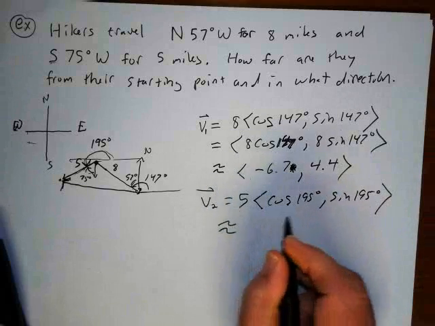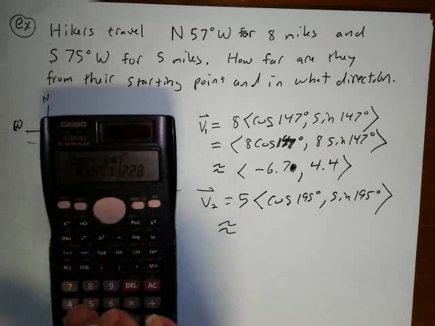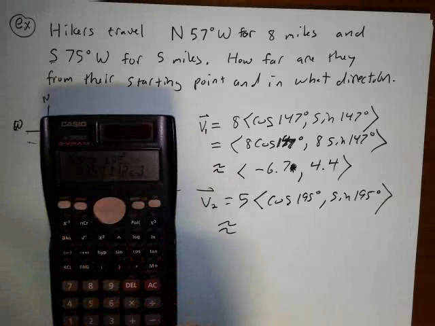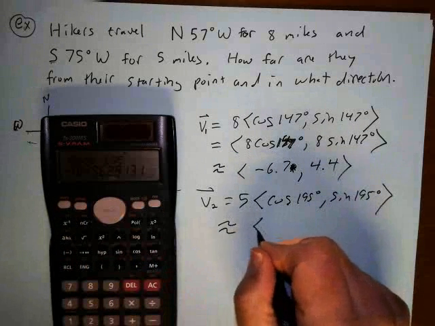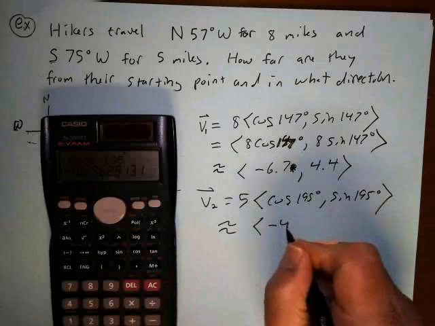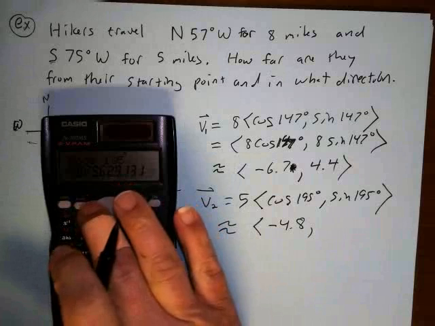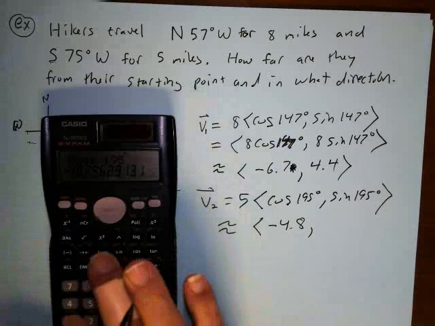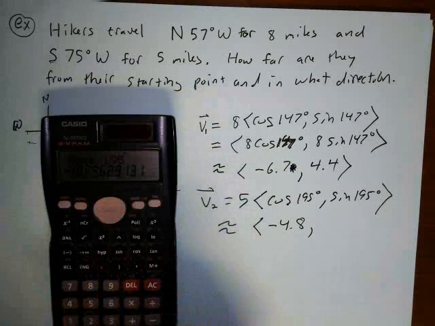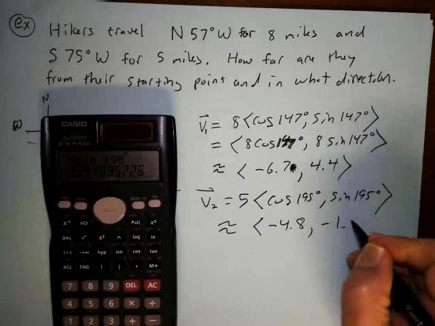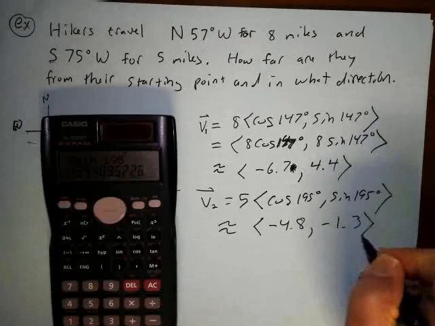I don't need to rewrite that every time, so I can just take 5 cosine 195, and that's negative 4.8. If I do sine of 195, I get negative 1.3.